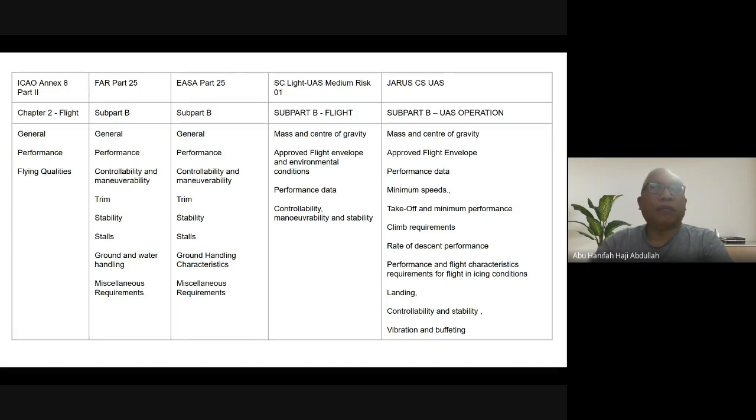Sorry, there was a mistake there. ICAO Annex 8 Part 3, Chapter 2, which is general performance flying qualities.